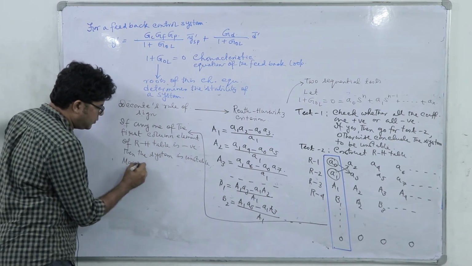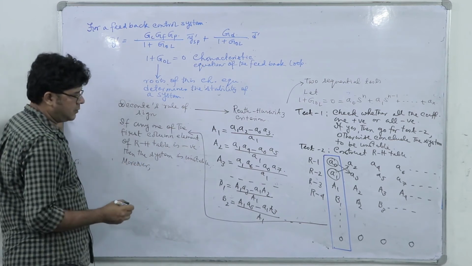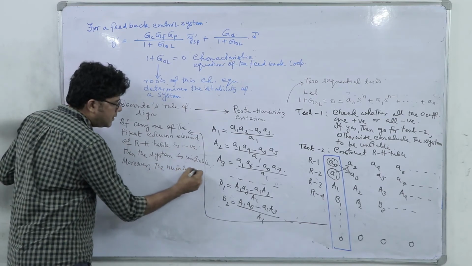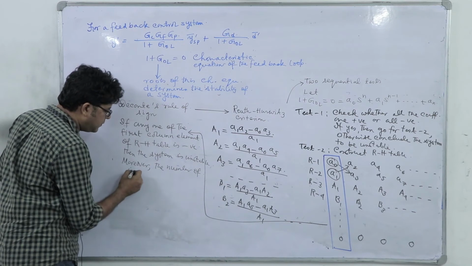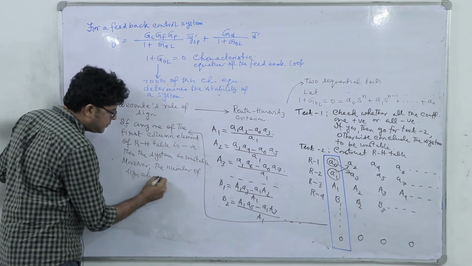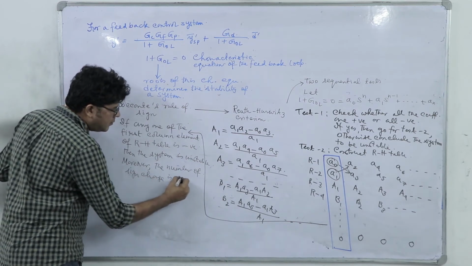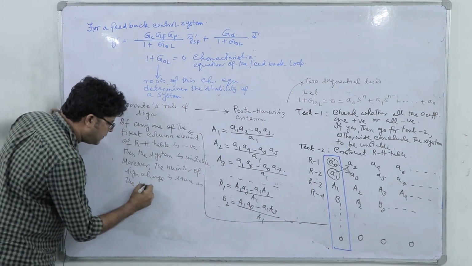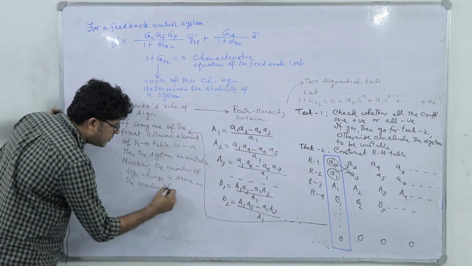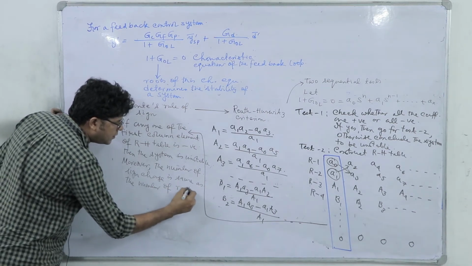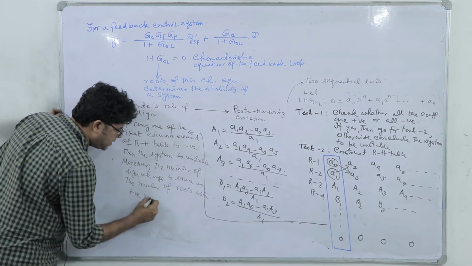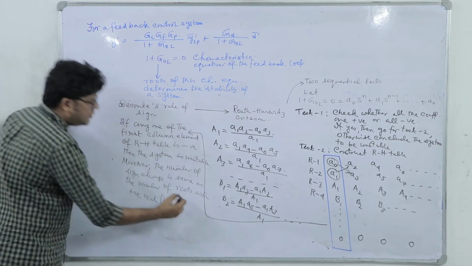Moreover, though it is not associated with stability, the number of sign changes is the same as the number of roots with positive real part.